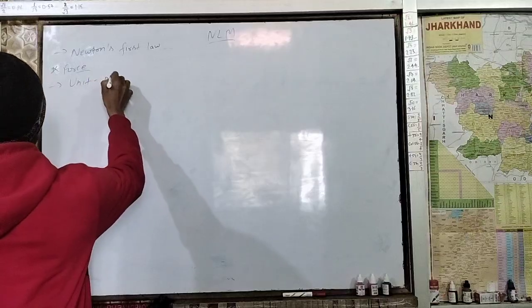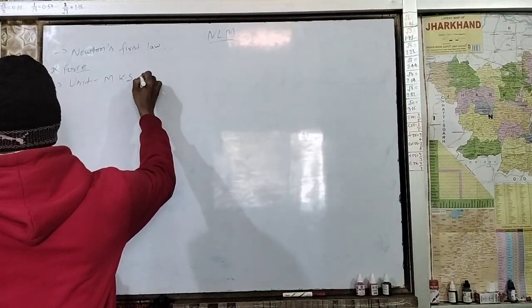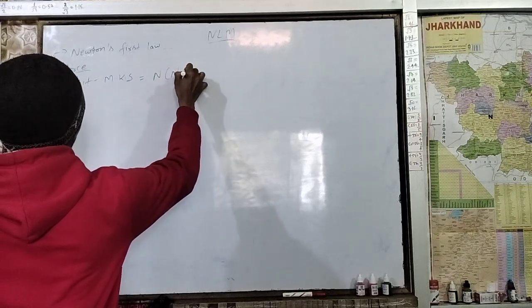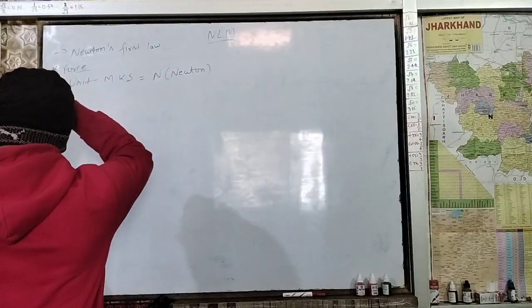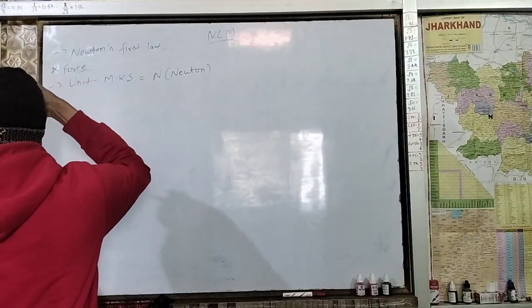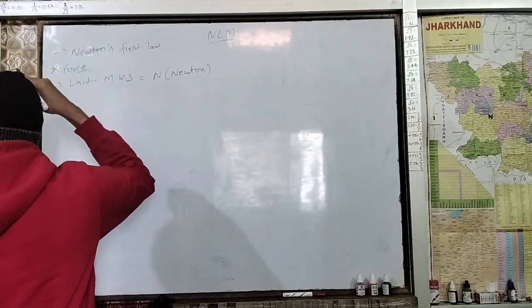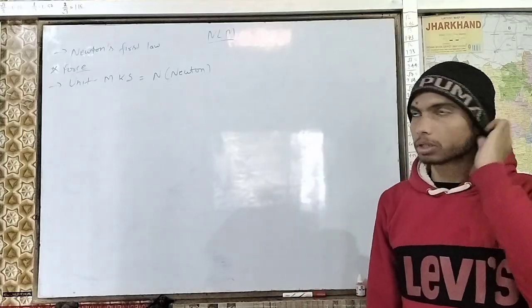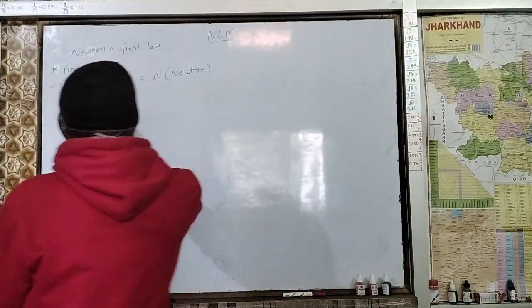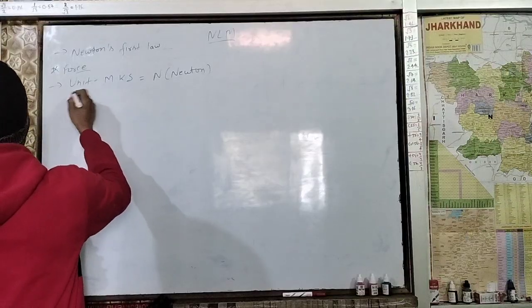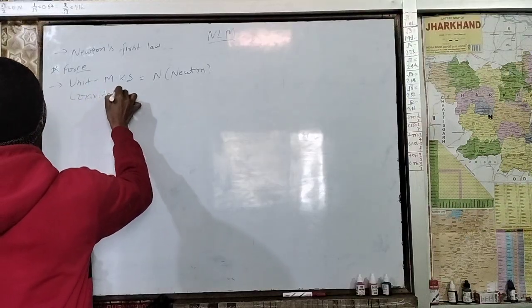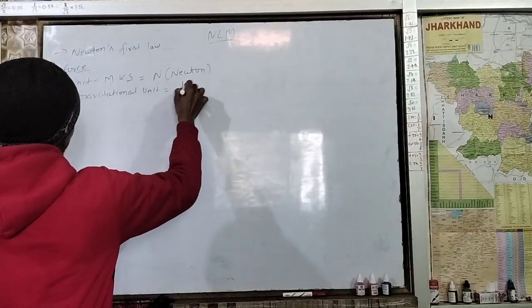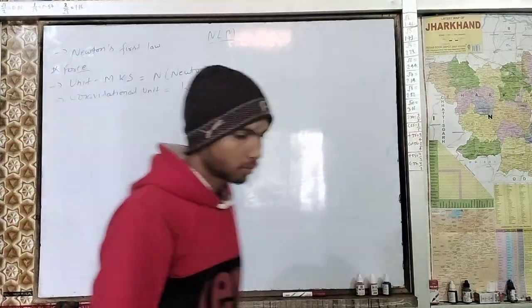Next, the unit in MKS for force is known as Newton, N. The gravitational unit is known as kgWt.